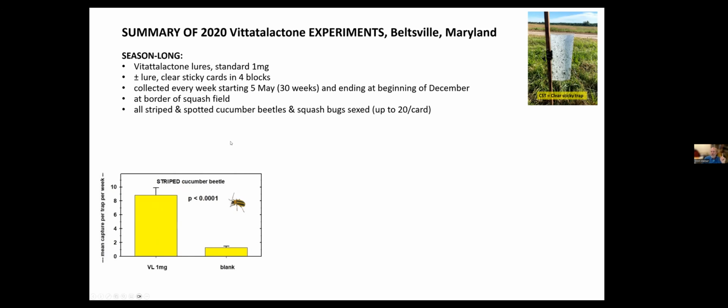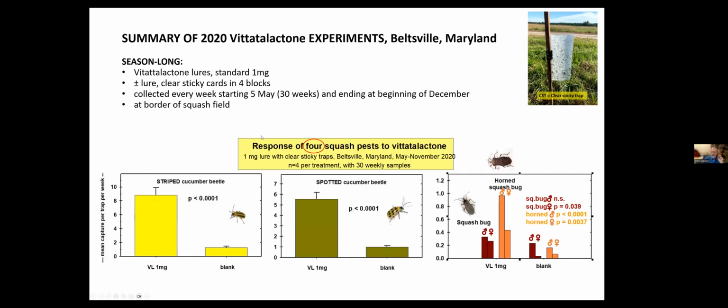Anyway, but we got a great surprise. The spotted cucumber beetle, which does not produce beta-lactone, and 2 species of squash bug, the squash bug and the horned squash bug, were also attracted. Well, wow, why is that? We'll get back to that.